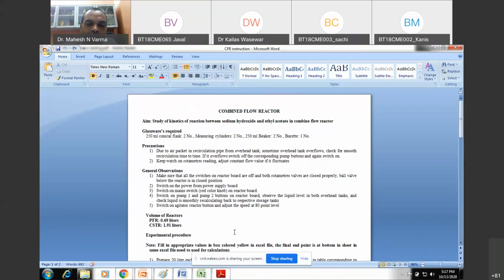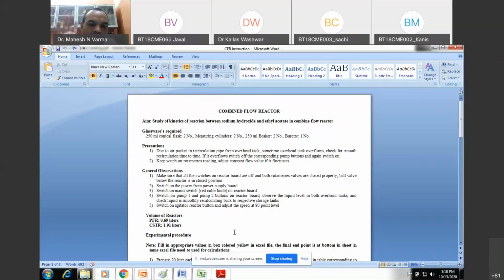So using the information I have shared today, you can perform the virtual experiments for cascade CSTR, isothermal PFR, isothermal CSTR, and combined flow reactor. These 4 experiments are identically similar. Then we will share similar documents for batch reactor, semi-batch reactor, and packed bed reactor also.